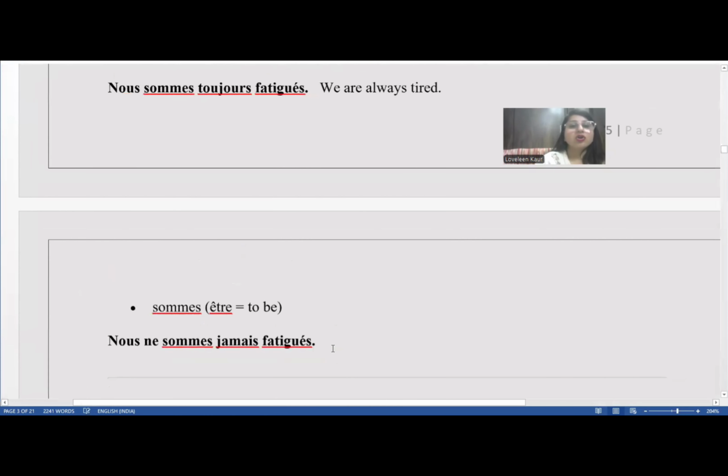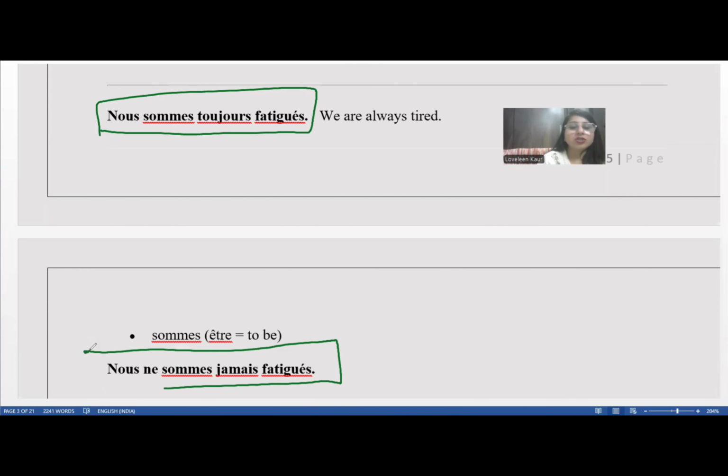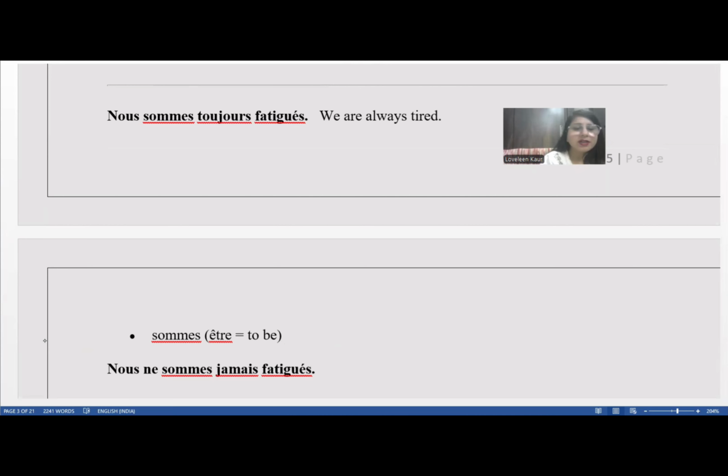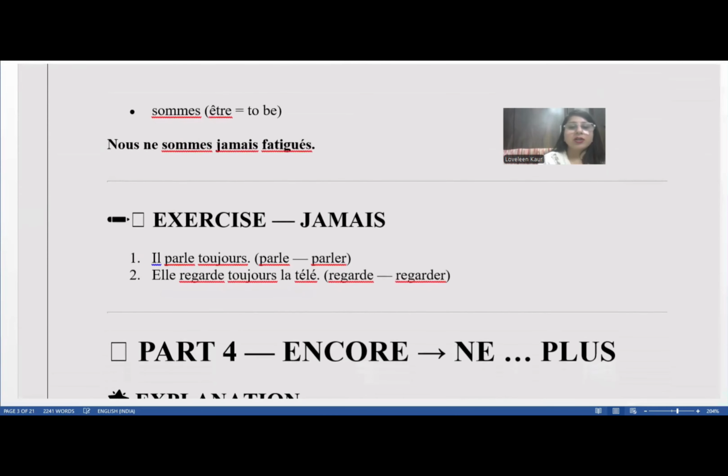The way I said, nous sommes toujours fatigués, nous ne sommes jamais fatigués. We are always tired, we are never tired. So what is sommes? Sommes is the être verb, it's an irregular verb, meaning to be. All right.